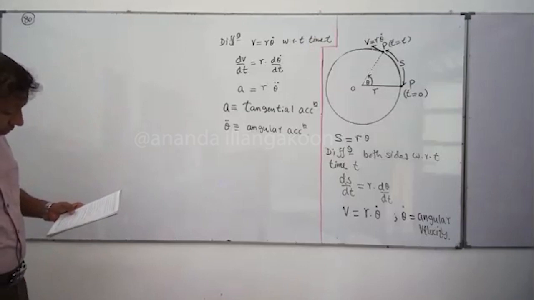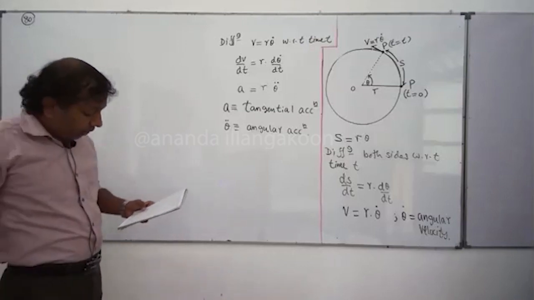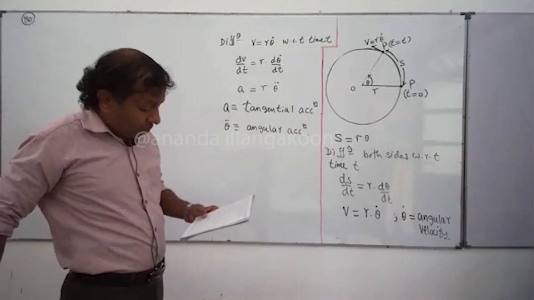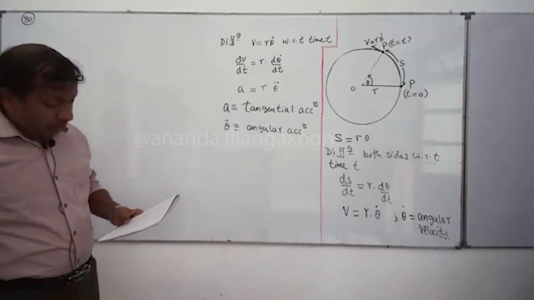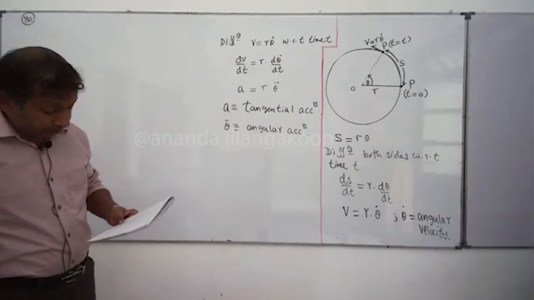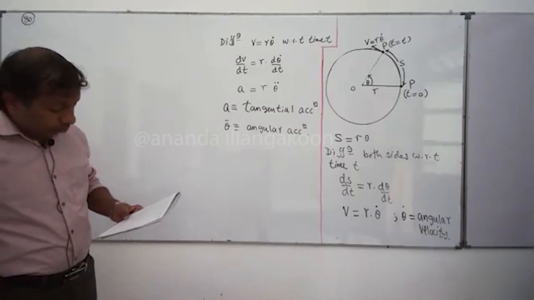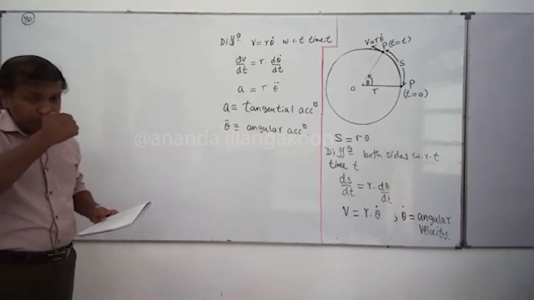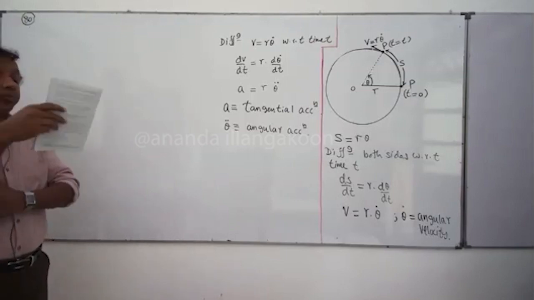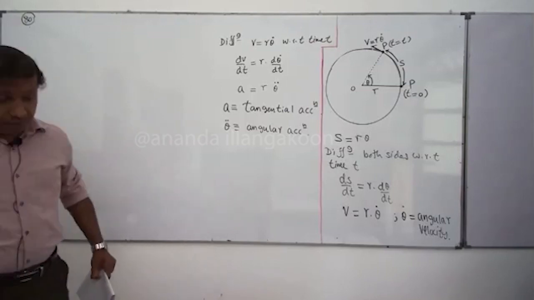Applying the principle of conservation of energy, show that, hence or otherwise, the acceleration of the particle P is 3g/4 sine theta. Find the reaction from the tube on the particle Q and the tension in the string at time t. Okay, we'll do a diagram.